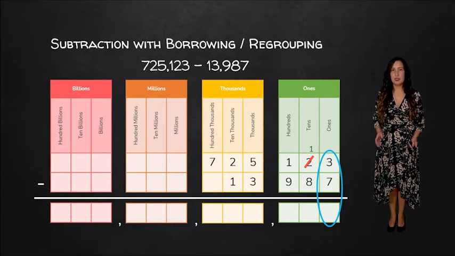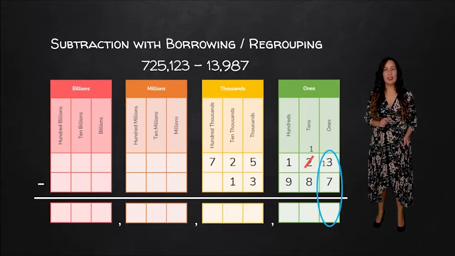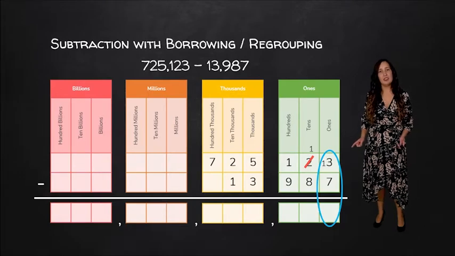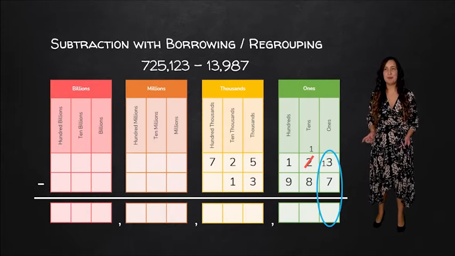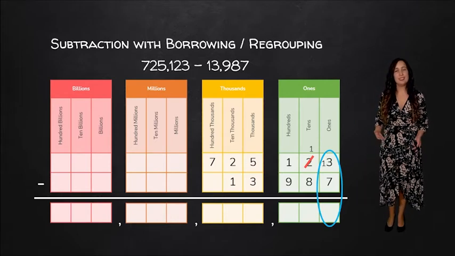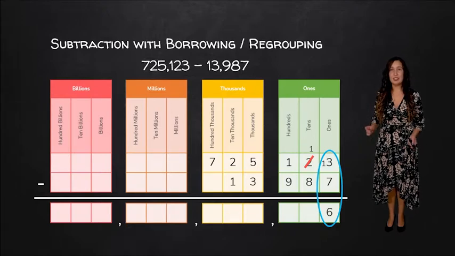Essentially what we're doing is we're borrowing 10 from the tens place value, and we're regrouping it here in our ones place value. So instead of having a 3, we have a 13, because we borrowed 10 from the tens place value. So now we have 13 minus 7, and we're able to do that very easily because 13 minus 7 is equal to 6.